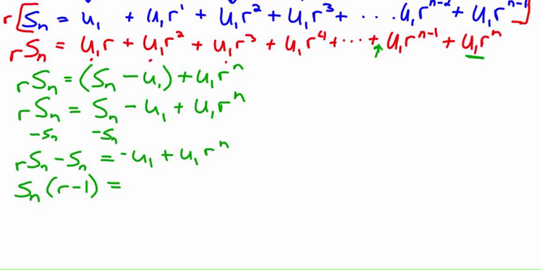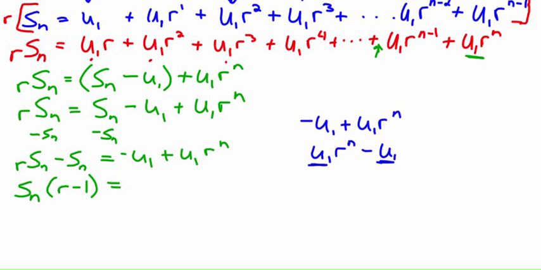Here I'm going to do this over on the side notation. So my negative u of 1 plus u of 1 r to the nth, if I just rearrange this, it would be u of 1 r to the nth minus u of 1. So I just did that, and now I'm going to factor out my u of 1.